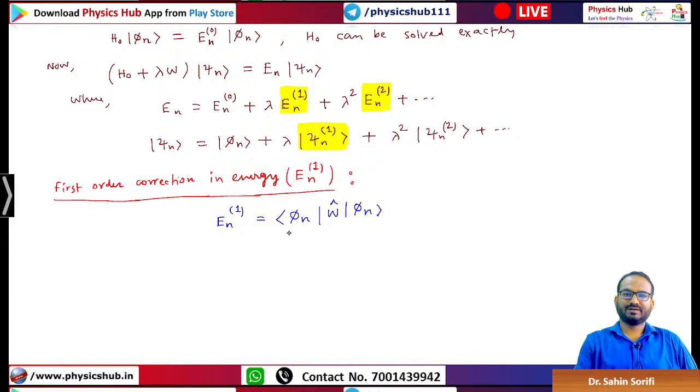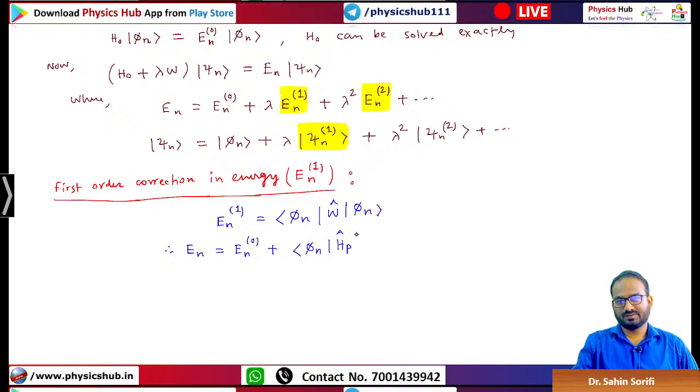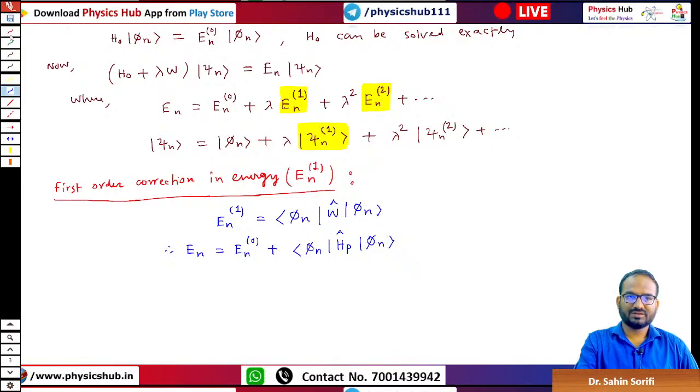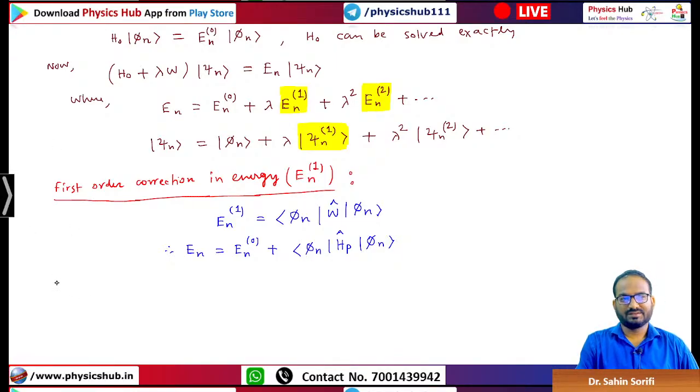Okay, so lambda times W is Hp. So by taking only the first order correction, you will get the energy En0, the unperturbed energy, plus the perturbation lambda times En1. Lambda times W is Hp, so you can write it as phi n Hp phi n. This is the first order correction in energy.